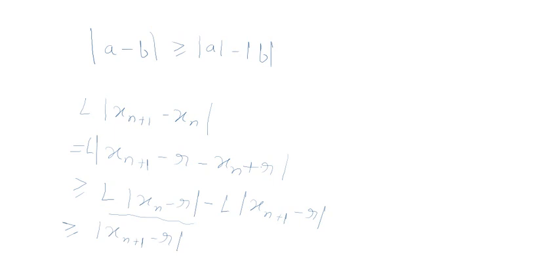So this is minus L times mod of xn plus 1 minus R.